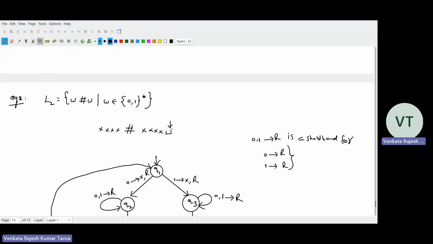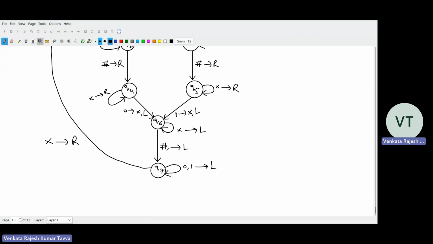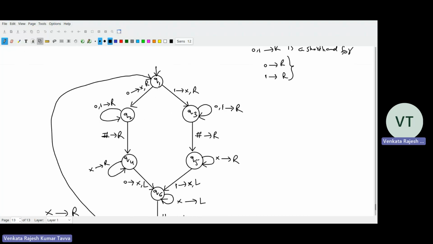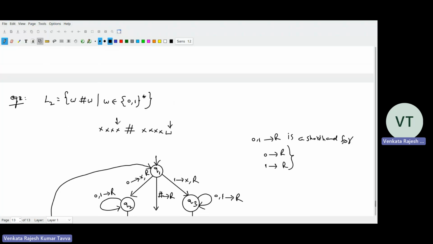So when you are in Q1, if you see a hash, it means you have seen the last cross and you came to Q1. Now you see a hash. Now you see crosses, you skip all those cross symbols, and if you see a blank, then you accept.